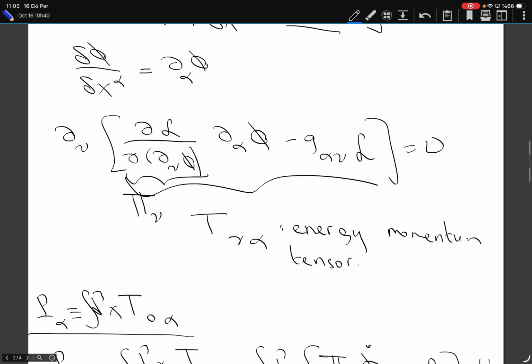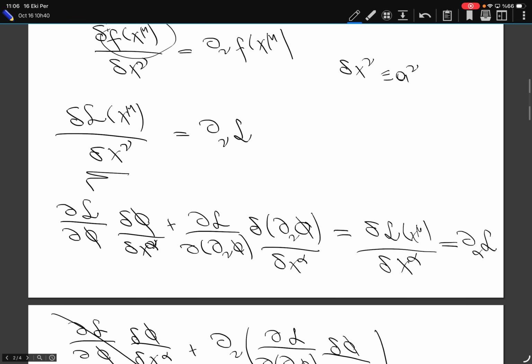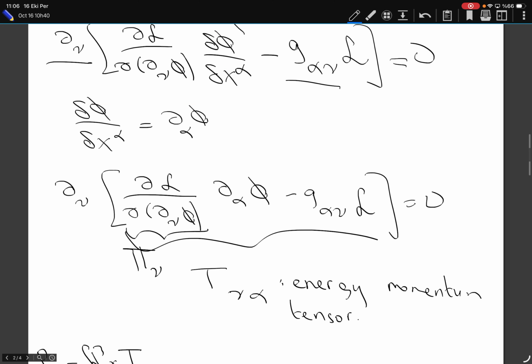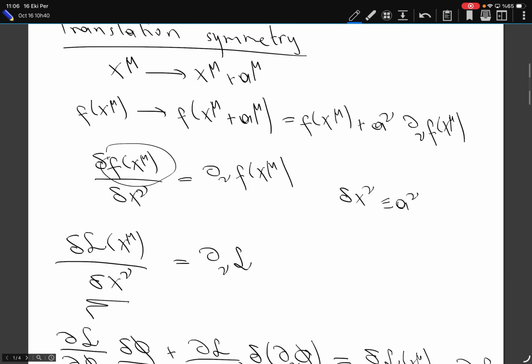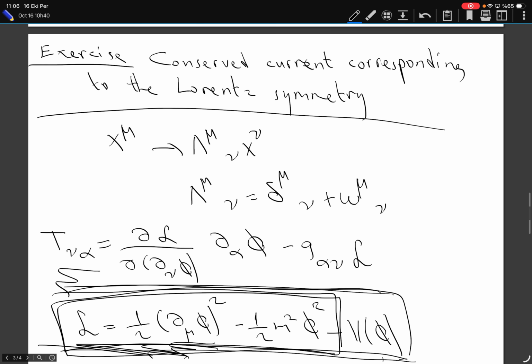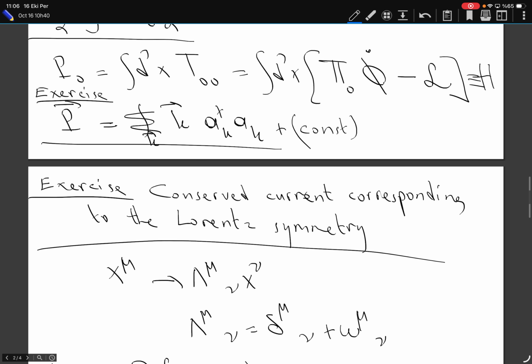If you have additional potential terms in your Lagrangian, you can also expand the fields in your potential terms in terms of the annihilation and creation operators, and you will get additional terms with more than two operators multiplied with each other.